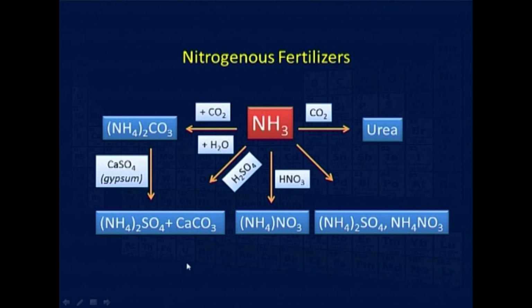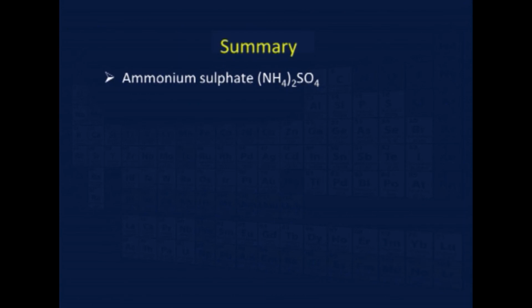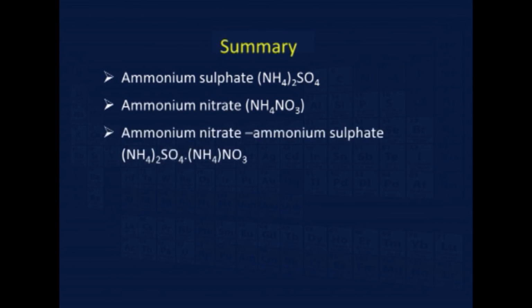You can make it in a similar way, and add important points on how these fertilizers are useful, their advantages or disadvantages. So, in summary, ammonium sulphate and ammonium nitrate are the nitrogen based fertilizers where nitrogen is in the form of nitrate or ammonium salt. There are two more nitrogen sources.